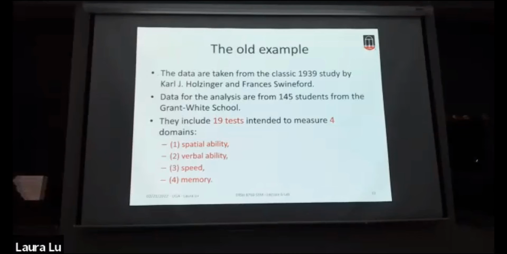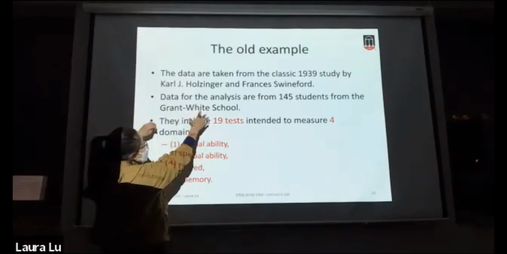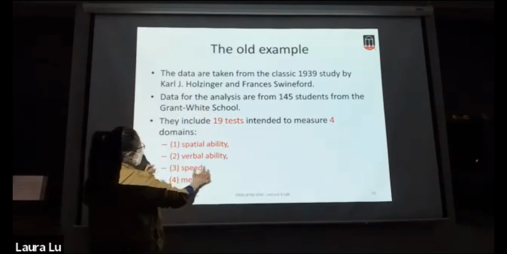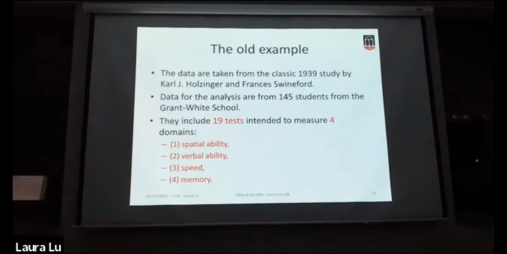Next, let's look at a detailed example. We use the same data set. We choose 19 tests among the 24 tests, and we try to figure out these 4 latent cognitive abilities. So 4 domains.